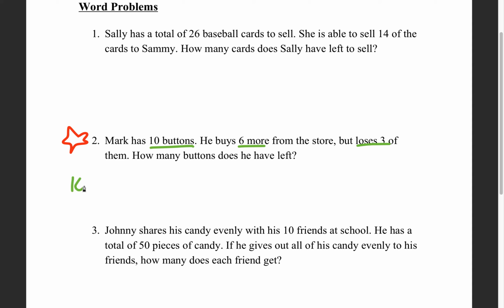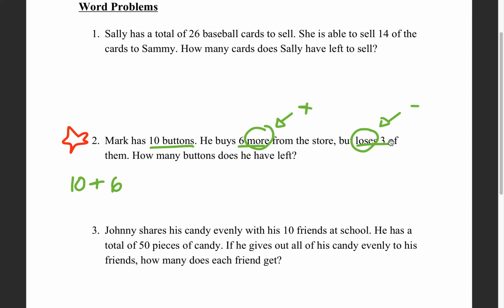So, we know that he started off with 10, and he buys 6 more from the store. More usually means addition. Since you're getting more, there's going to be more, basically. So this is going to be 10 plus 6 so far, but then he loses 3.